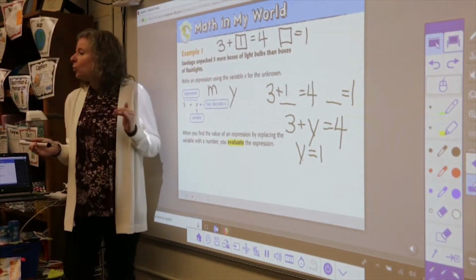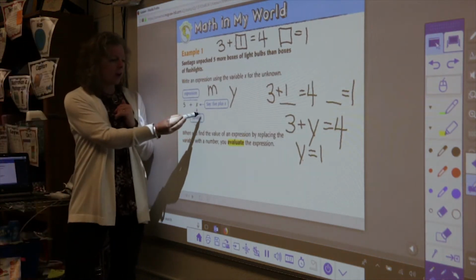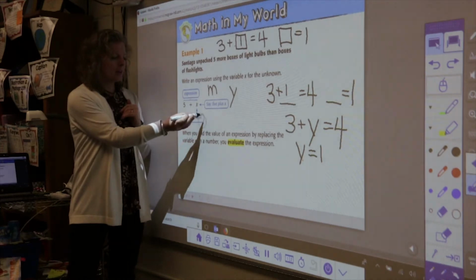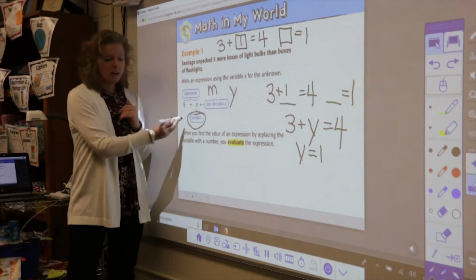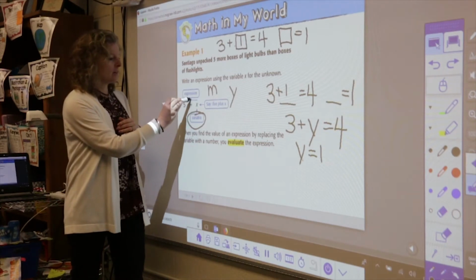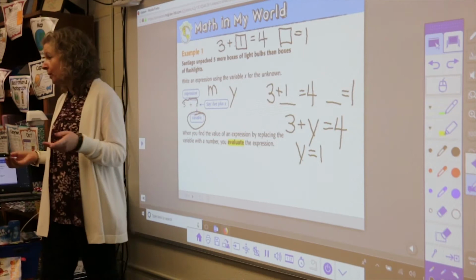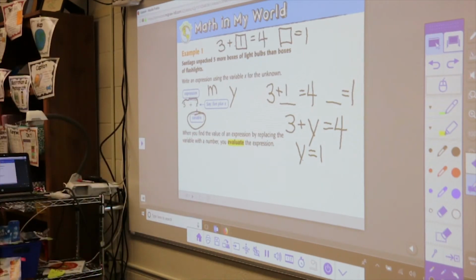Now, we're going to get some vocabulary up here. The letter is called the variable. This part is called the expression. We've been writing expressions for several days. We've been talking about expressions for several days.